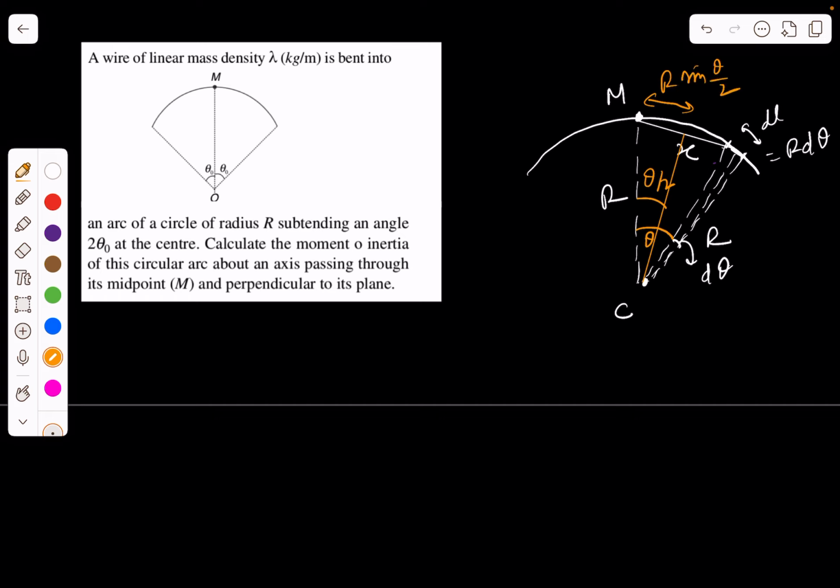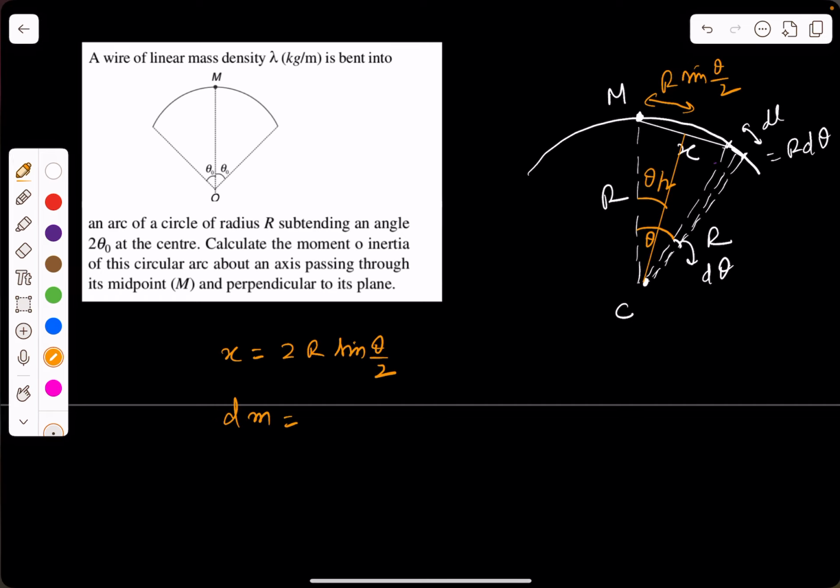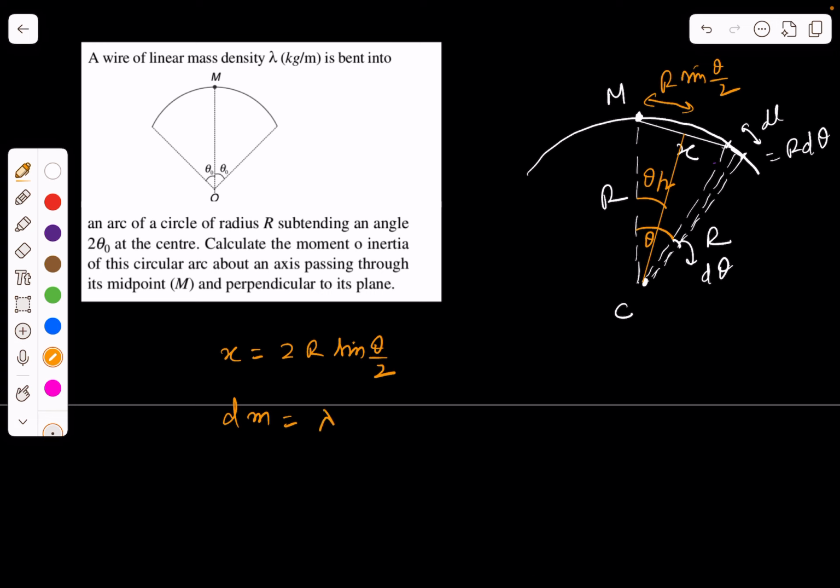And so we can write the value of x now, which will be twice of r sine theta by 2. Also, dm will be linear mass density times the length of the element, which is r d theta.